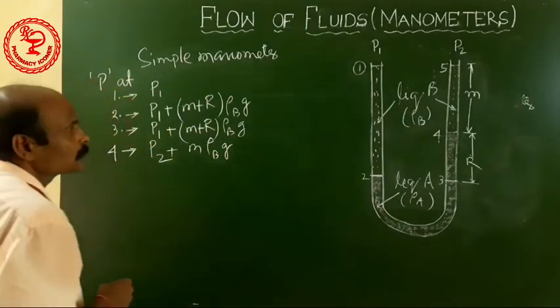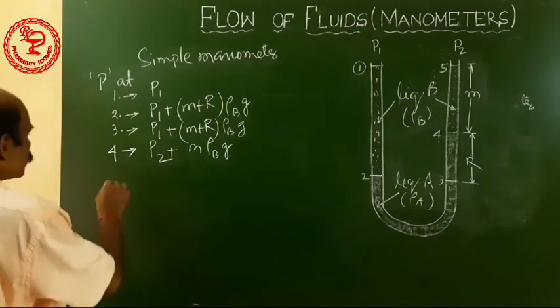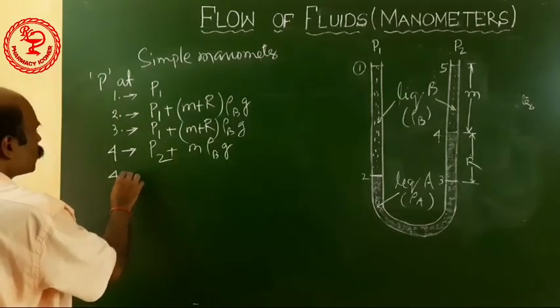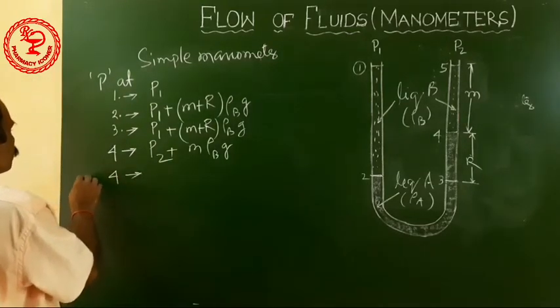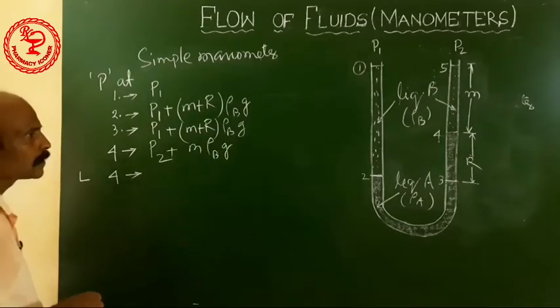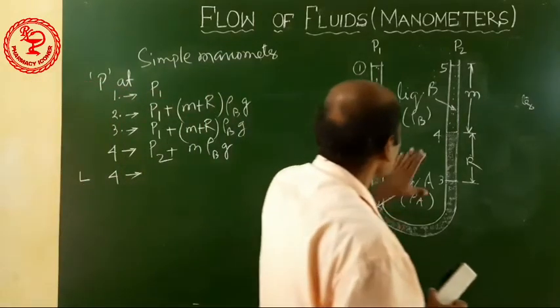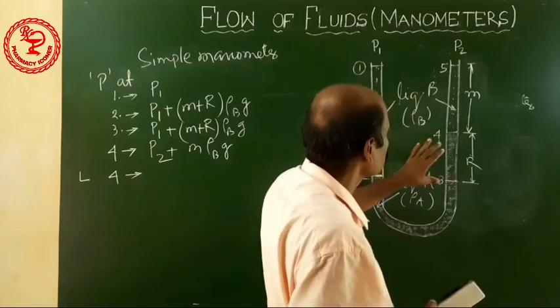Now we will calculate pressure at point 4 with reference to the left arm. Now you see, this is a very crucial point, crucial equation.